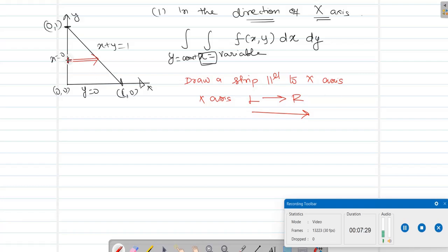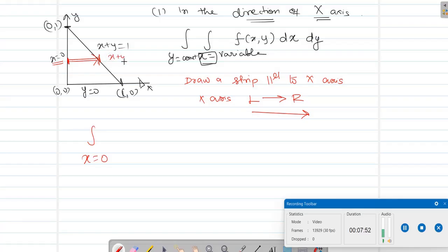Now let us see, this is my leftmost point and this is my rightmost point. So when we start moving, beginning from, what is this line? You call it x equal to 0. It travels and then reaches the line x plus y equal to 1.